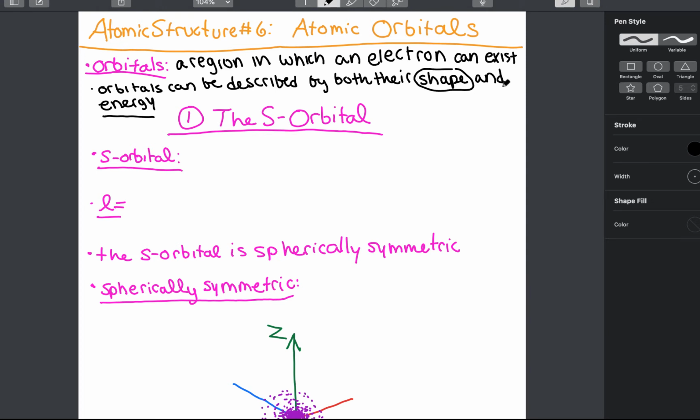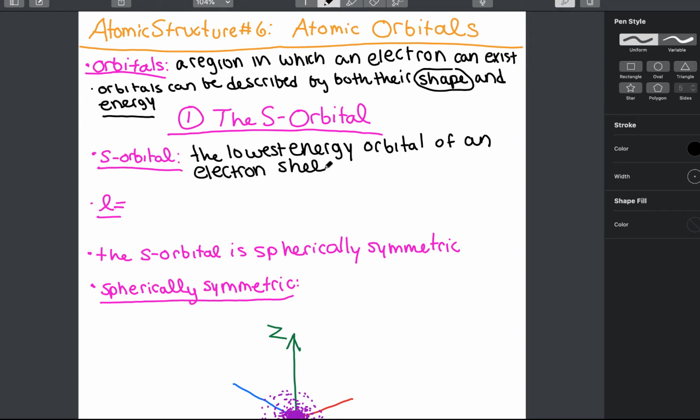So let's begin with the s orbital. So let's remind ourselves what the s orbital is. So the s orbital, or the s subshell, is the lowest energy orbital of an electron shell.